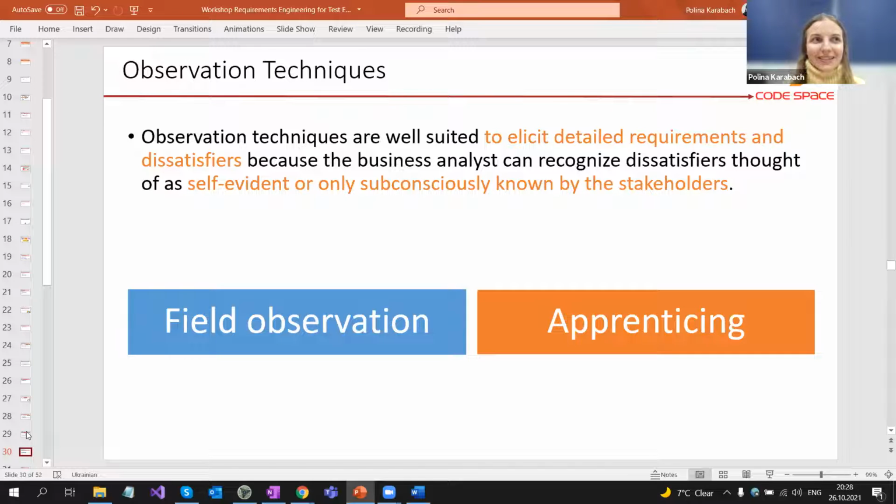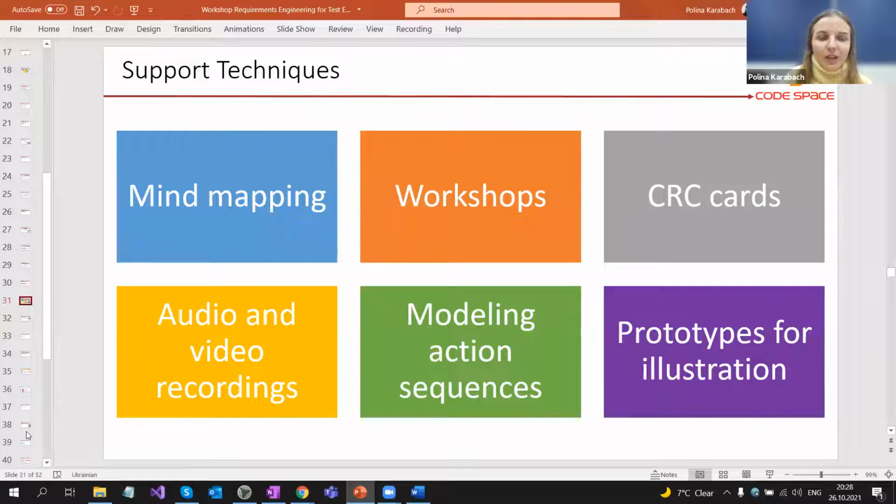Why is this technique even needed if we have field observation? The reason is that in this case, our user will feel more confident because he is a teacher. He will be teaching us his process. So we will also learn maybe some more reasoning as to why one thing or another is done. So also a good thing to use.